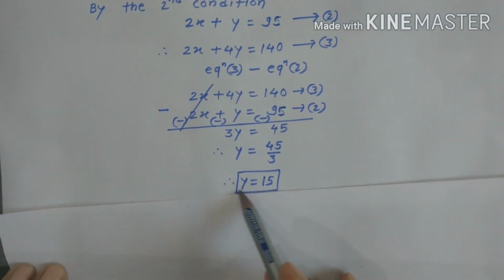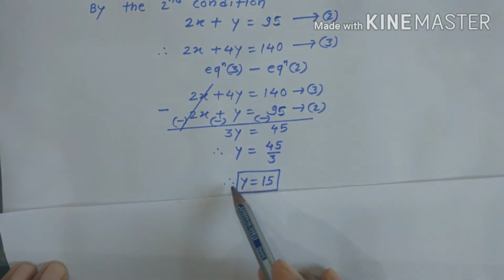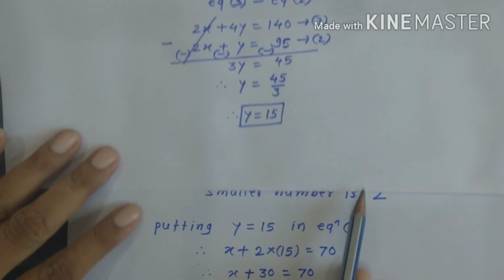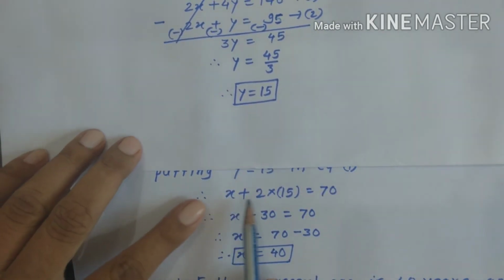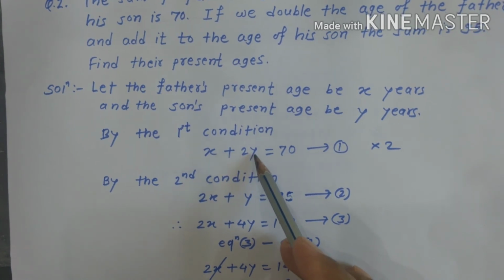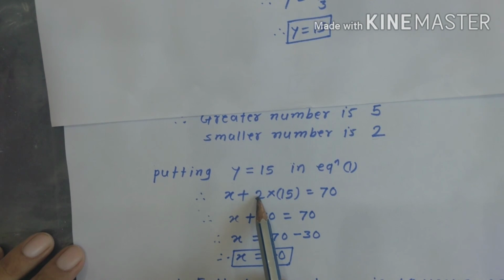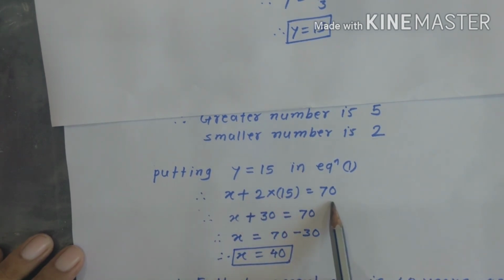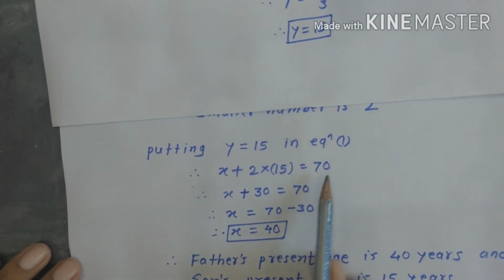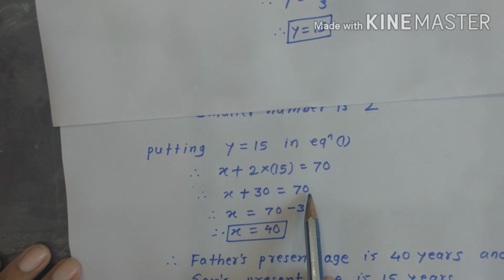Now put this value of y either in equation 1, 2 or 3. I put this value of y in equation 1. Therefore equation 1 becomes x plus 2 into y. Value of y is 15. Therefore equation becomes x plus 2 into 15 equal to 70. x plus 2 into 15, 30. 70 as it is. 30 is transposed to right side.